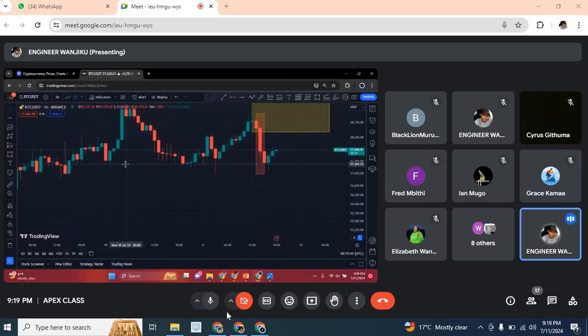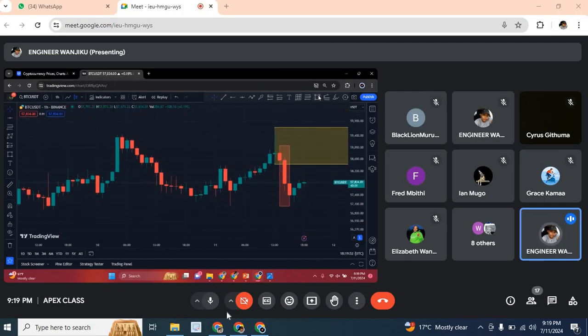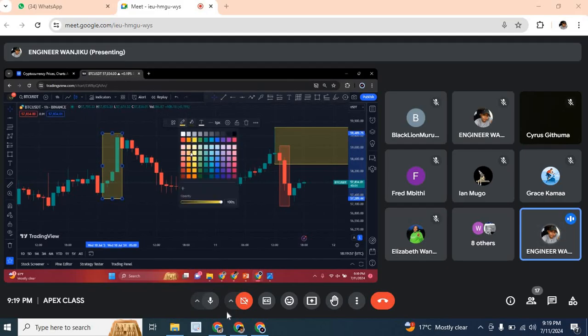This was the scenario where the imbalance was the place where only sellers existed. We can also have another example where only buyers existed. So this zone right here, let me have this in red, is another example of imbalance where only buyers existed and no sellers were in that zone.